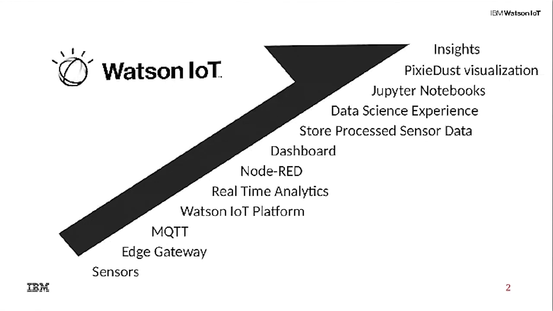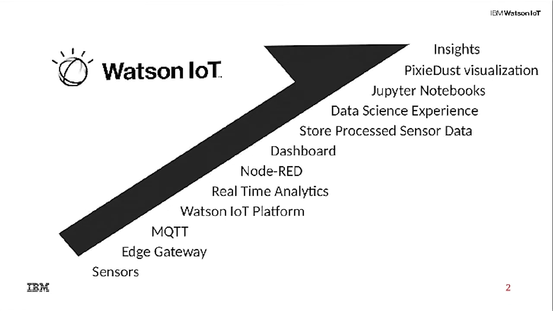Then I passed that data to Node-RED. I did some additional analytics, and I tweeted or texted a phone number based on a set of thresholds and alerts. I stored that incoming data in a cloud database.